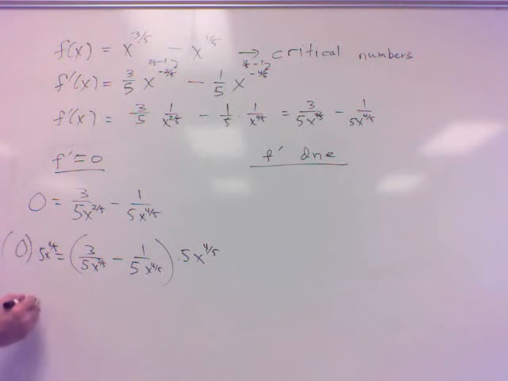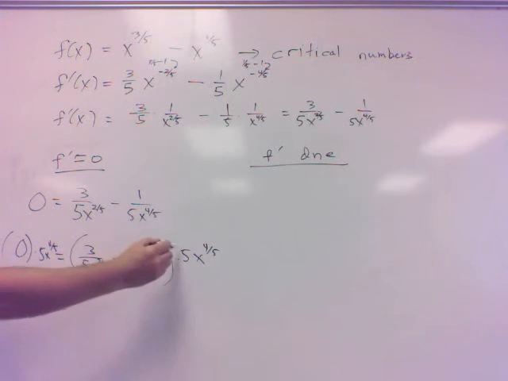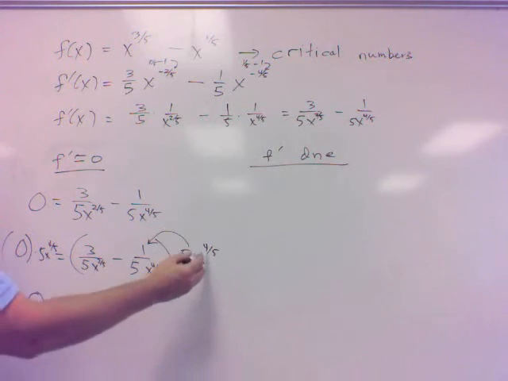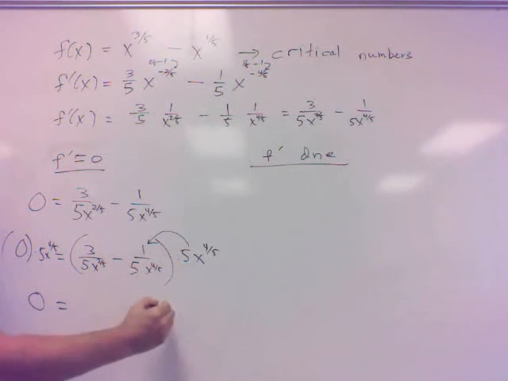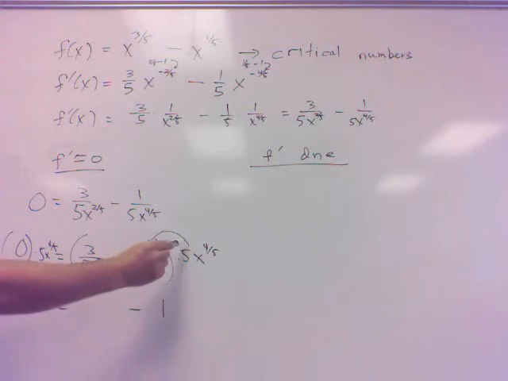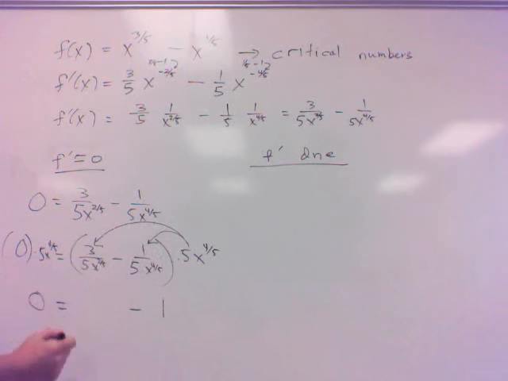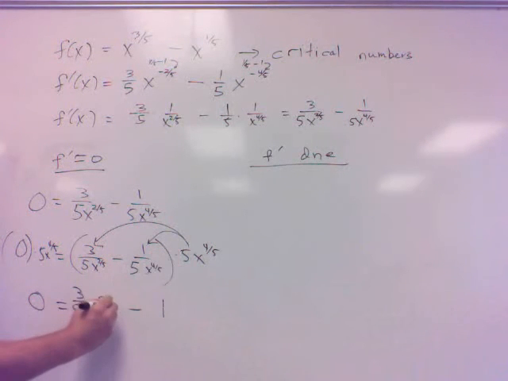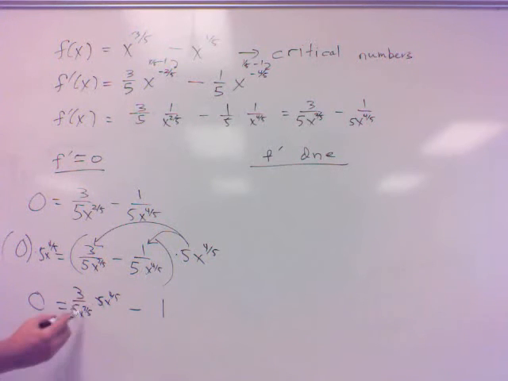All right, so of course that's still 0. Now when I multiply, well, let's do that one quick one first. That times that, if I do that one times that one, that's just going to make that 1. All right, then if I multiply that one, 3 over 5x to the 2/5 times 5x to the 4/5. Here's what happens. The 5's cancel, of course. What about the x's though?